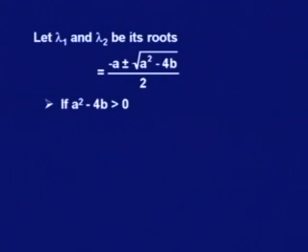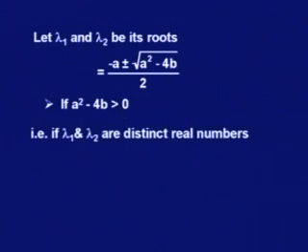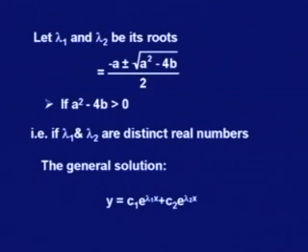In case a square minus 4b is positive, we will get the two roots lambda 1 and lambda 2 as two distinct real numbers, and the general solution would be C1 e to the power lambda 1 x plus C2 times e to the power lambda 2 x, where lambda 1 is minus a plus square root of a square minus 4b by 2 and lambda 2 is minus a minus square root of a square minus 4b by 2.